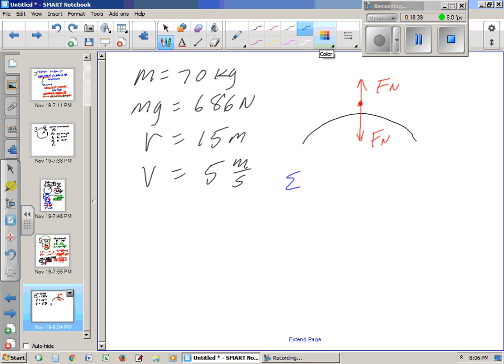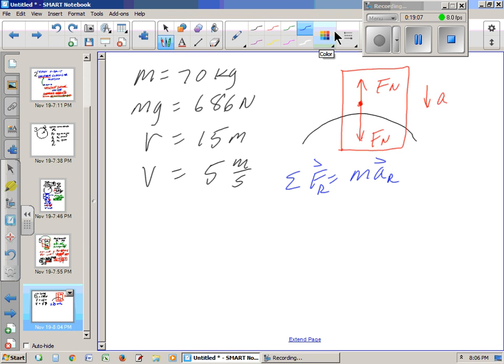Sum of the forces radial equals ma radial. And since the center of the circle is below the guy now, let's box our free body diagram, the acceleration would point down toward the center of the circle because that, of course, is below the guy. Right, so that direction is going to be called positive.